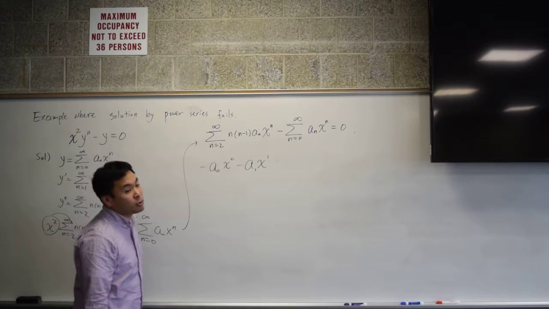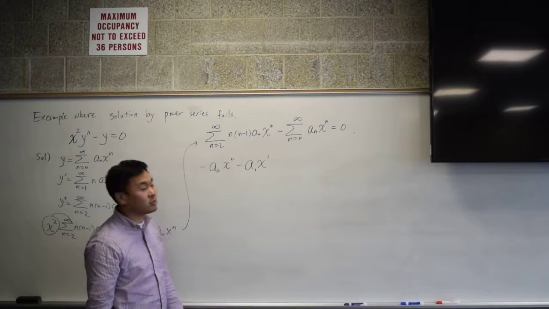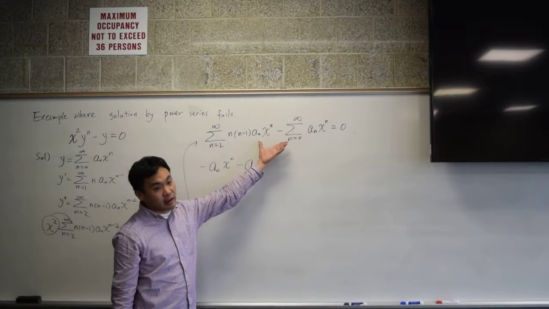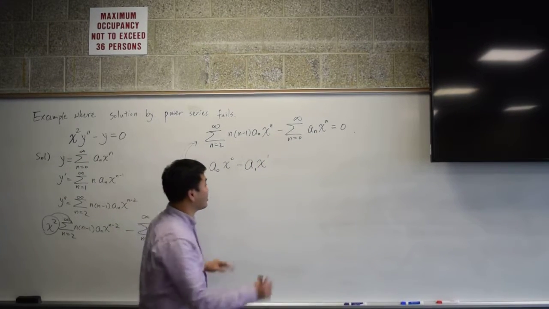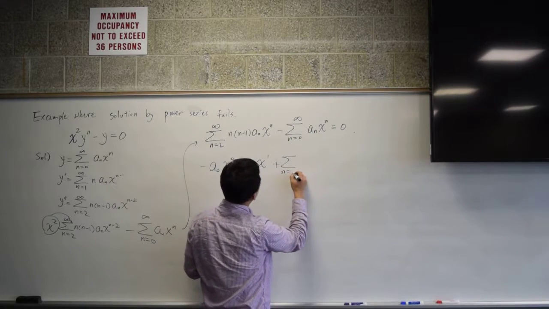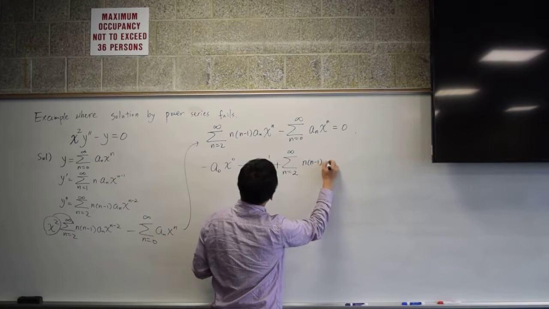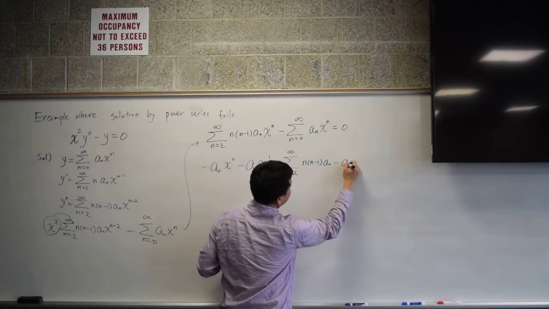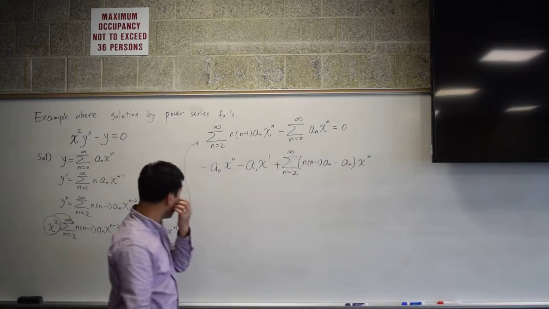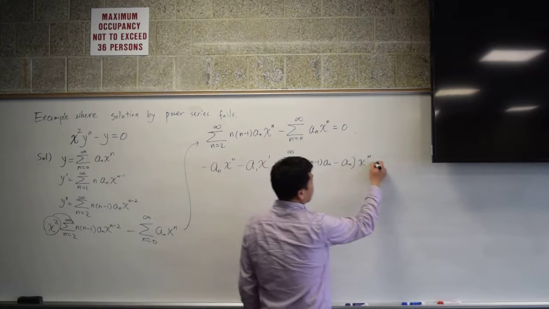Now, starting from n equals 2, both of these sigmas produce terms, and therefore, I can put the rest of them into a single sigma. So I have minus a0 minus a1 x plus sigma n from 2 to infinity of n times n minus 1 a_n minus a_n x to the n equal to 0.